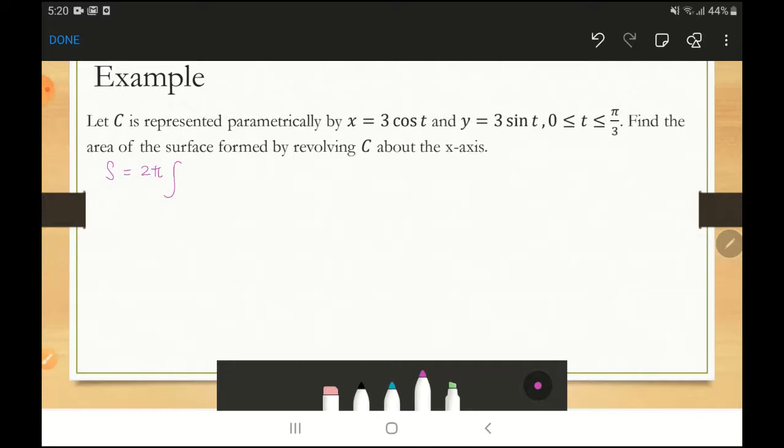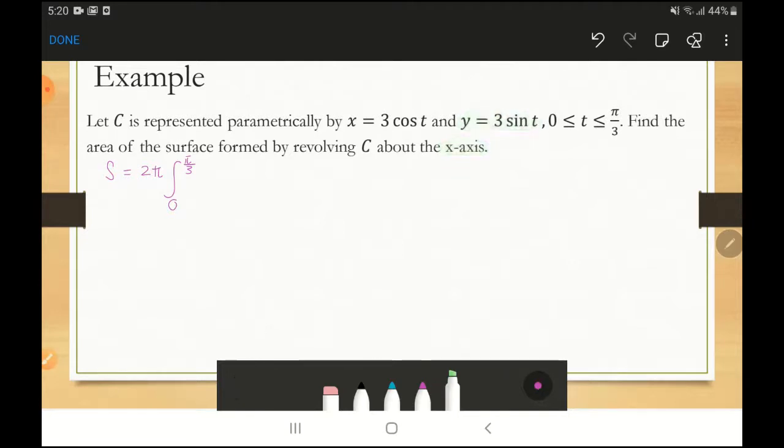the integral with boundaries 0 to pi over 2, and because we are going to revolve about the x-axis, we will need the equation of y.